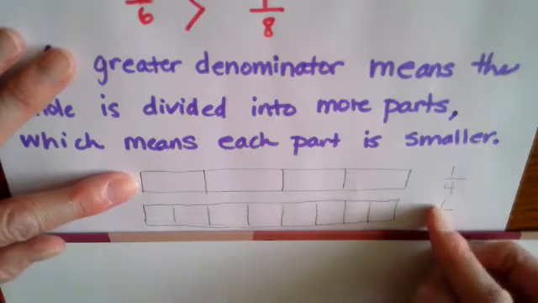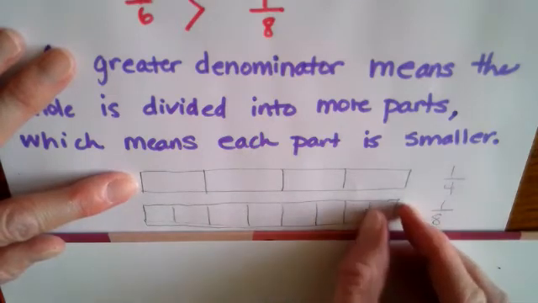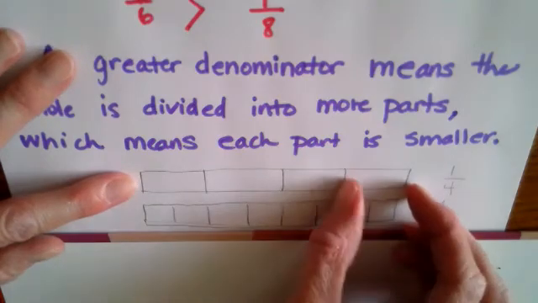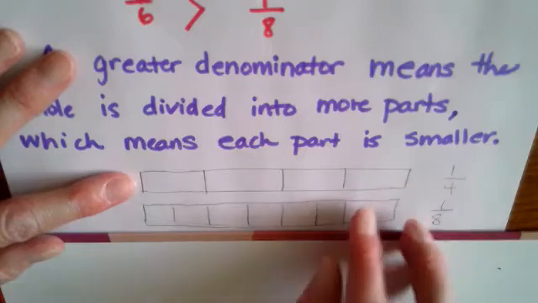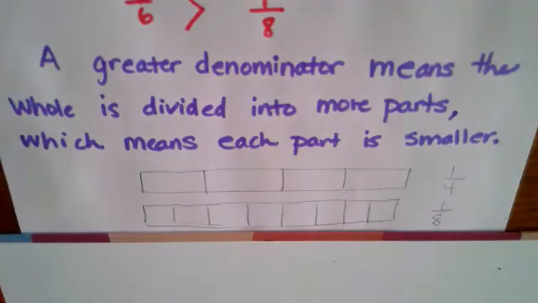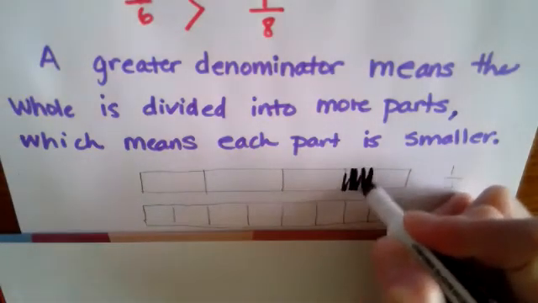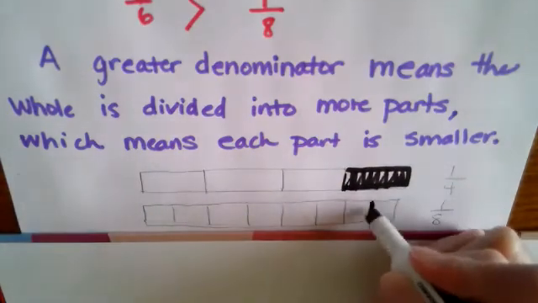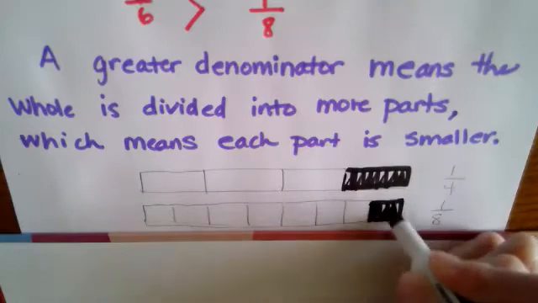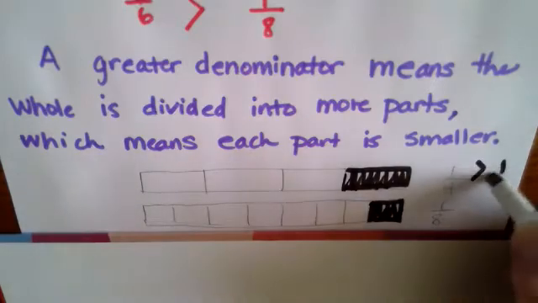Which means that 1/8 is a smaller fraction because the piece is smaller compared to 1/4. 1/4 of the candy bar is greater than 1/8.